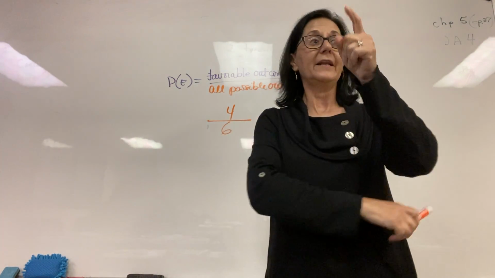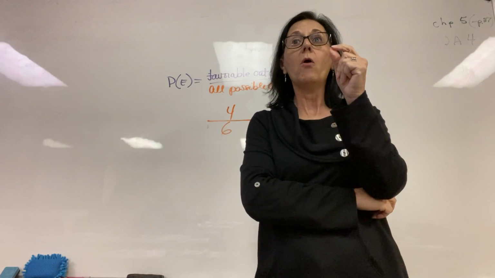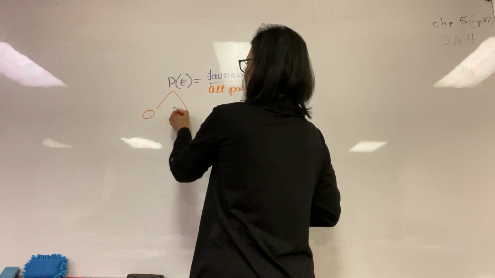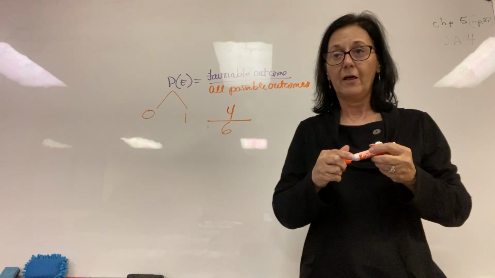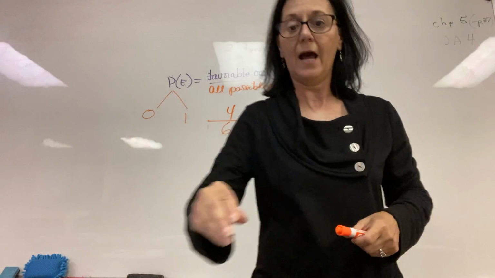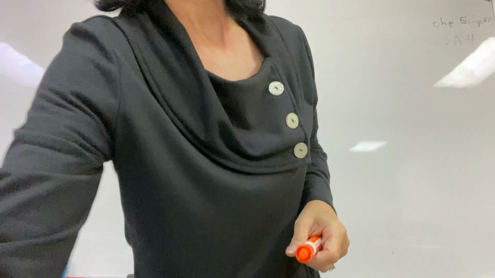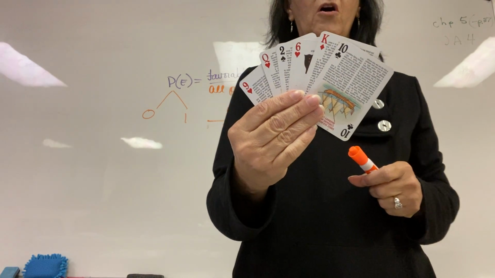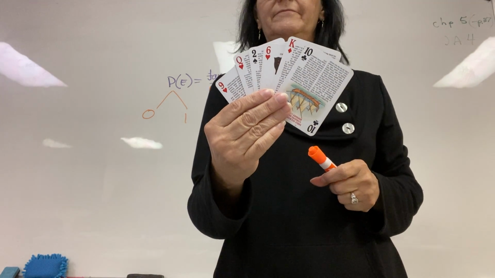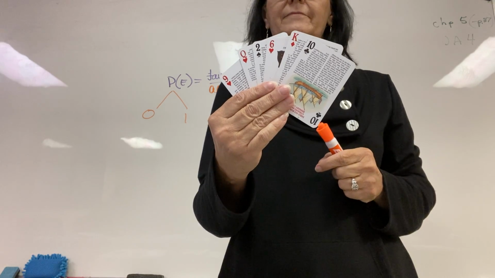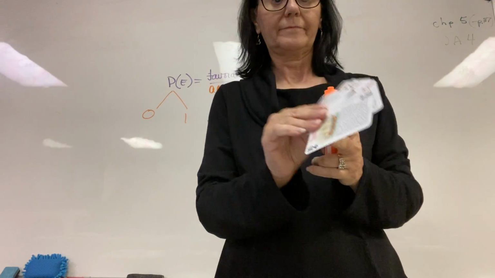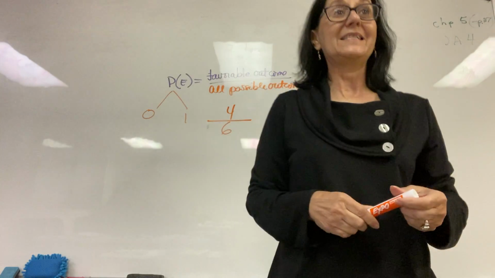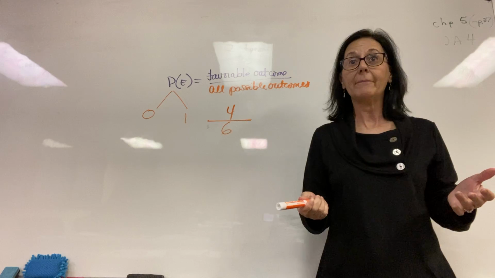So the probability of an event occurring always will range from 0 to 1. It'll never be below 0. It'll never be higher than 1. Because what if I asked, what is the probability from these cards to draw a 3 of diamonds? 0, right? So probability 0 means that the outcome never happens.